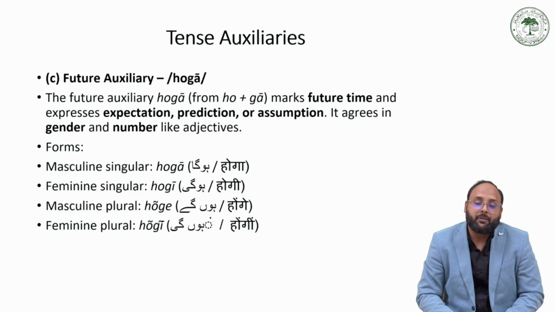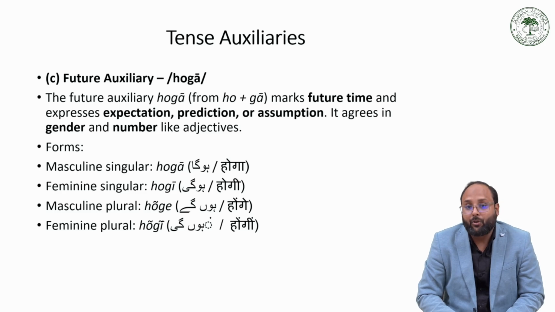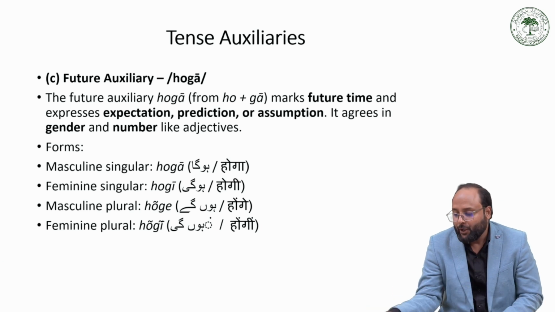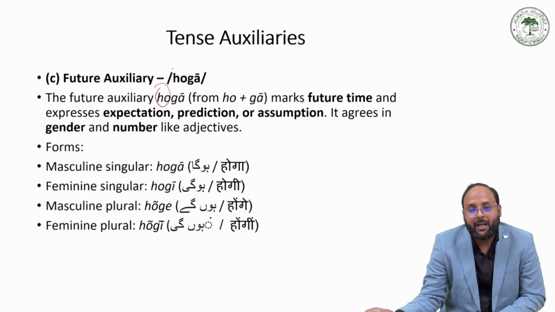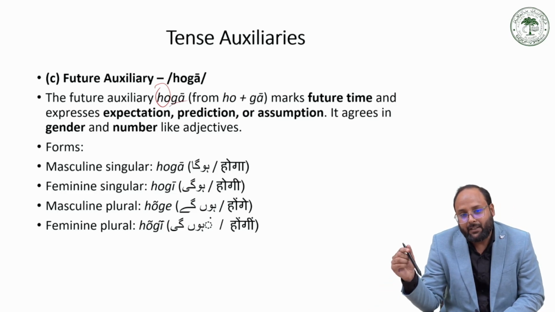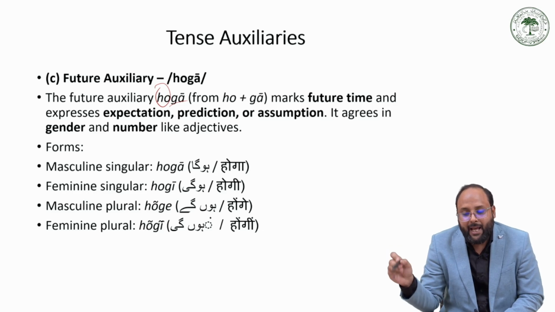And the third type of auxiliary is the future auxiliary hoga. So there is a whole process of making the future auxiliary. The base form of this auxiliary is ho, and we add ga, which changes to express number, gender, and person. It marks time and expresses expectation, prediction or assumption, because it is used for future time.